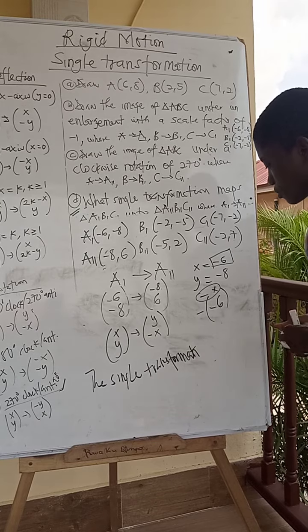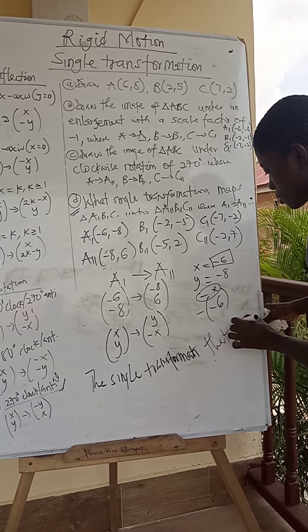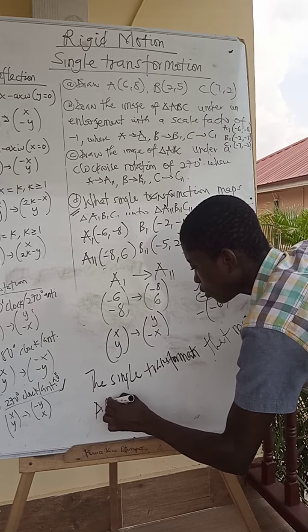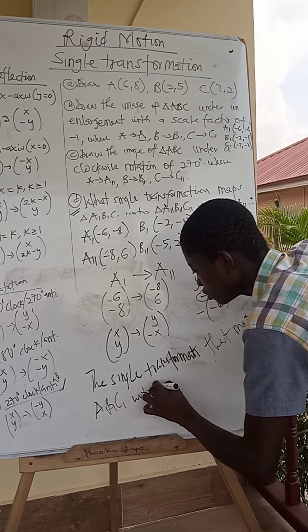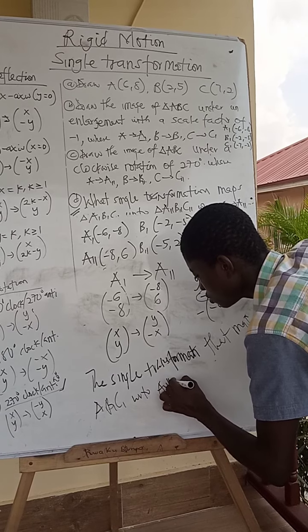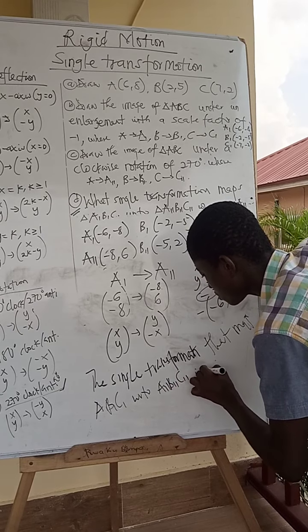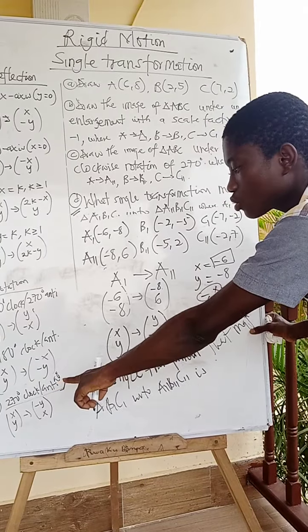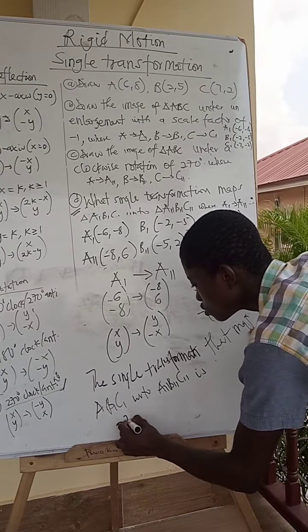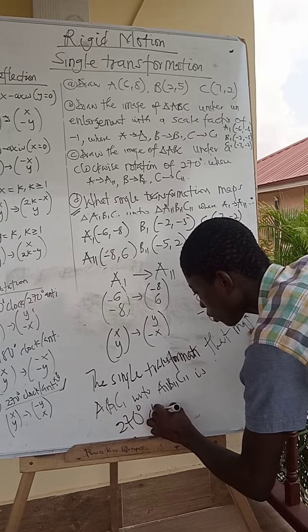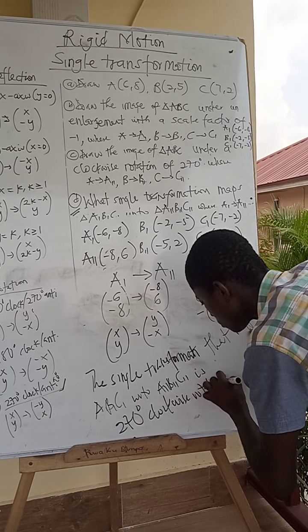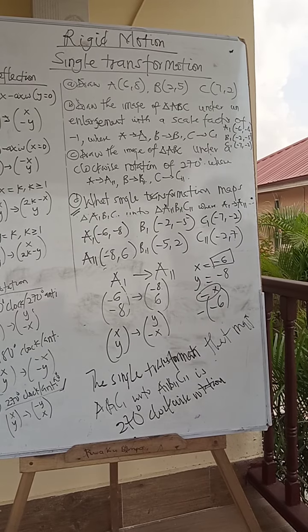The single transformation that maps A1, B1, C1 onto A2, B2, C2 is what? 270 clockwise rotation. So 270 degrees clockwise what? Rotation.